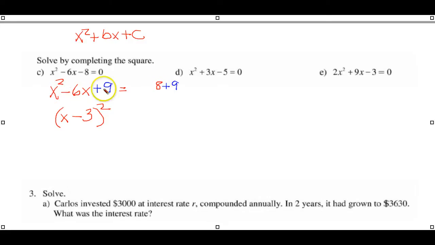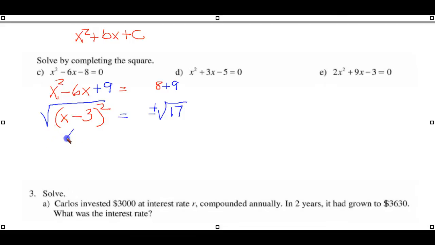And when I factor this, which is now a perfect square trinomial, it factors into this. I add 8 and 9, and I get 17. Now we're back to the situation where I have a binomial that's squared equals 17. So what do I do now? I take the square root of this side and plus or minus the square root of that side.